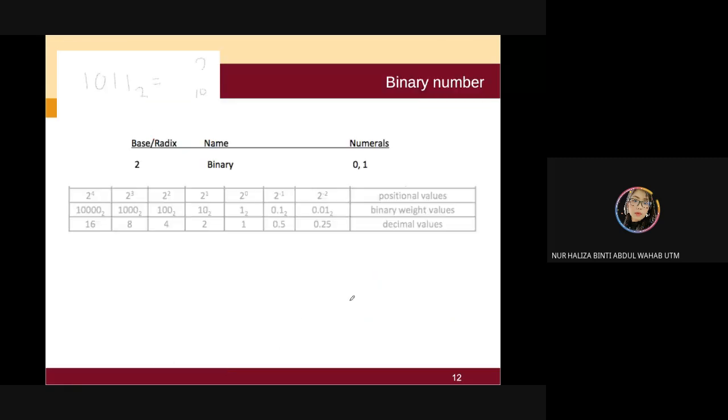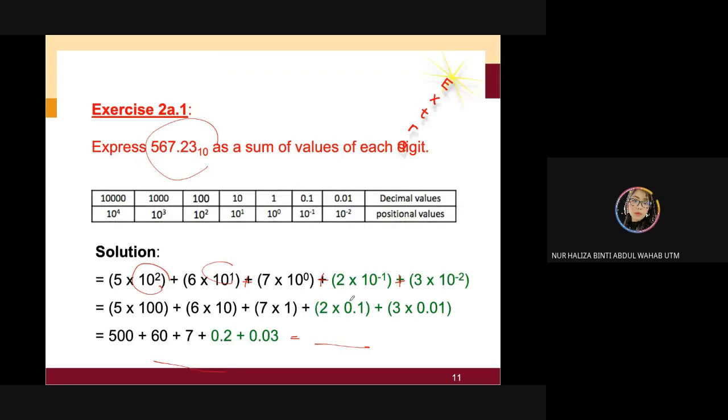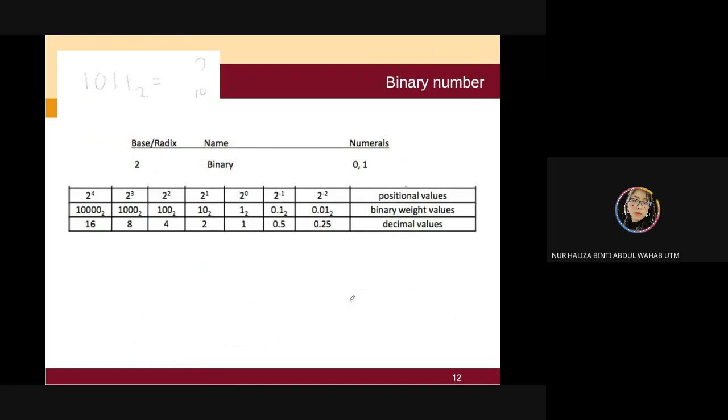Okay, so now you're going to move to the second, which is binary. Similar to decimal, you will also look first at the term of representation before you can go to how to convert.